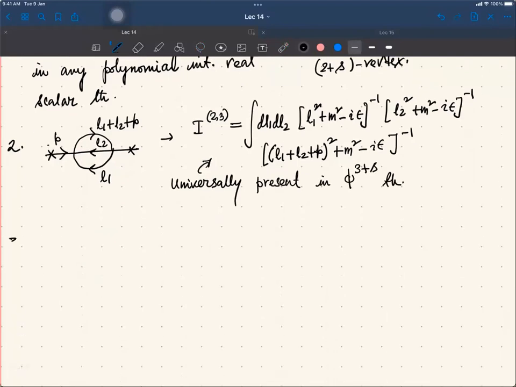Now let us consider another example, which is the same diagram but repeated. So you name it L1, L2, and then L1 plus L2 plus P. Then this is an internal line, you can call it Q, but Q is the same as P because of momentum conservation.